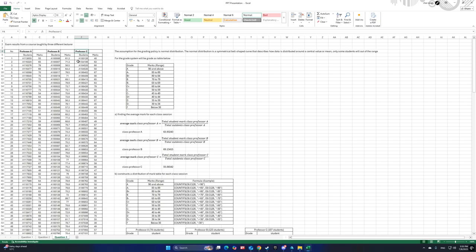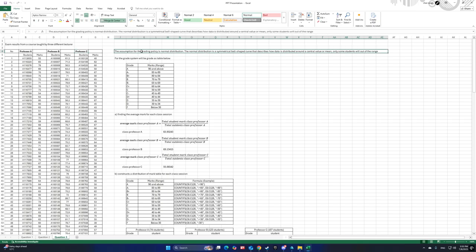We will assume the grade policy is a normal distribution. A normal distribution is a symmetrical bell-shaped curve that describes all the data distributed around the central value, the mean. Some students will be off the range, but this will be very few by comparison.